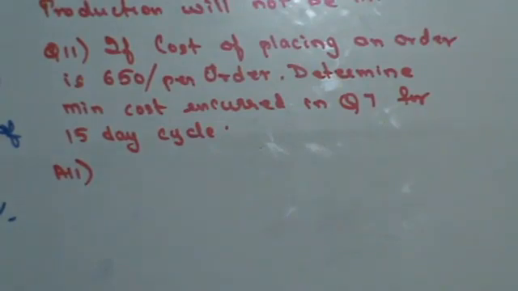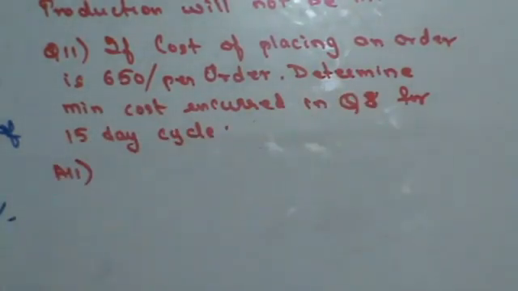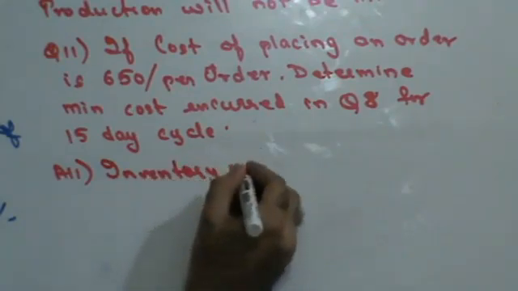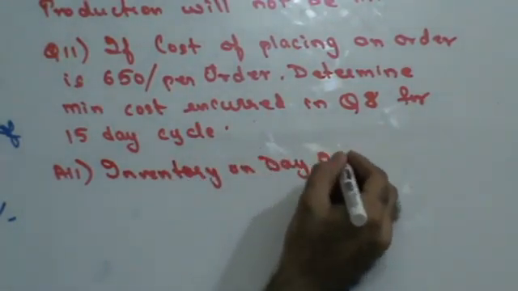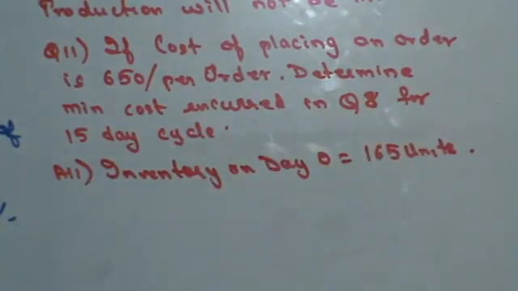Now, question number 8 tells me that I'm starting with a cycle of 165 units. Inventory on day 0 is 165 units.